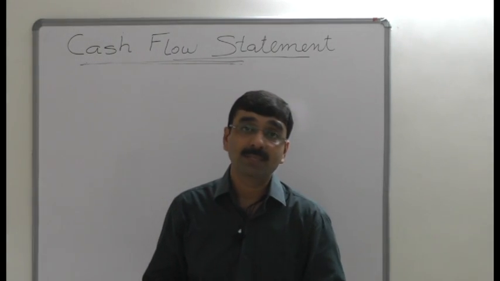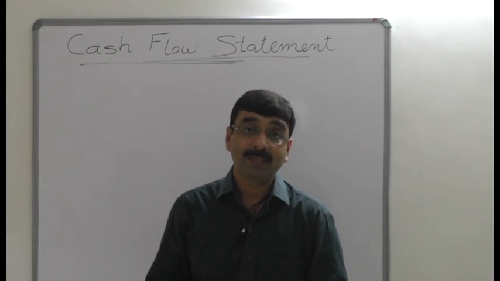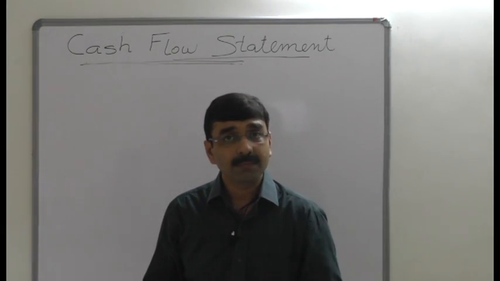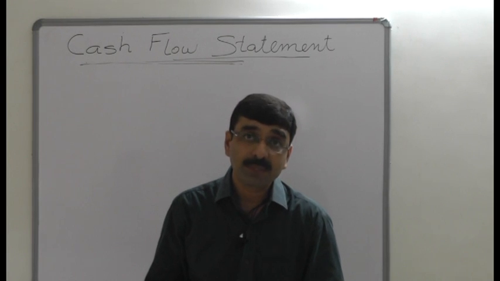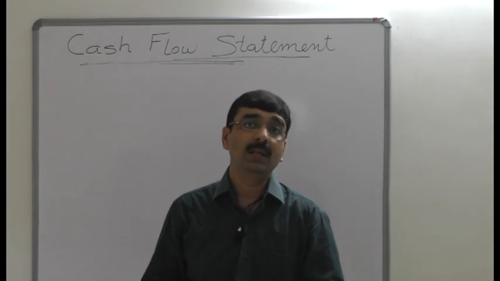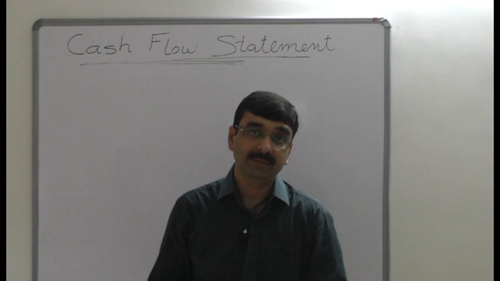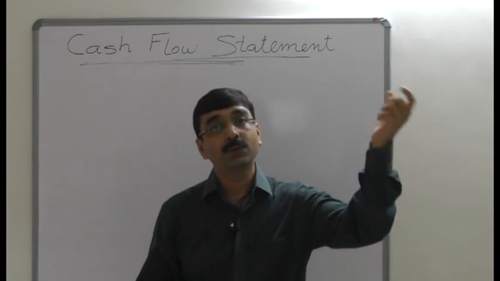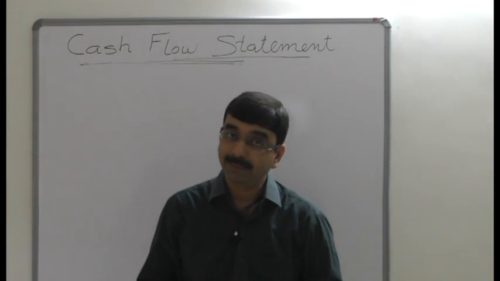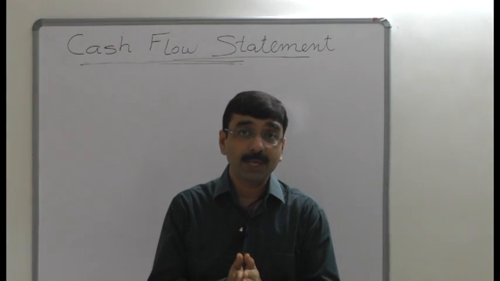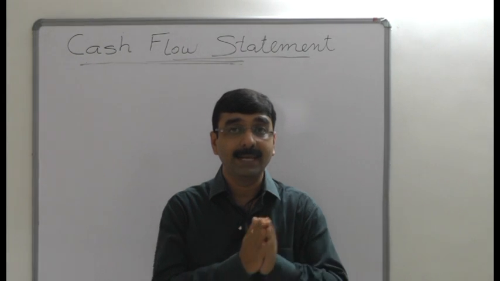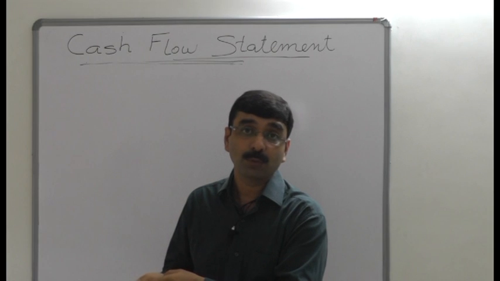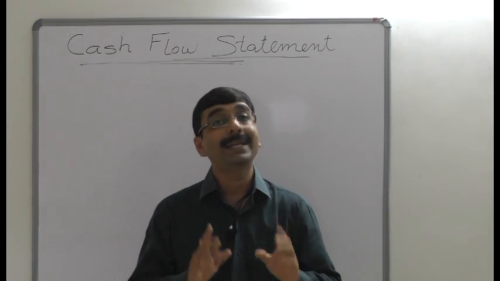Here another objective is to assess cash flow from operating activities. Cash flow statements provide information about the cash generated from all operating activities. So that means whatever the operating activities are, the cash flow has been generated from that operating activity. It provides an explanation for the difference between the net profit that was calculated on the accrual basis and cash from operations calculated on the cash basis.